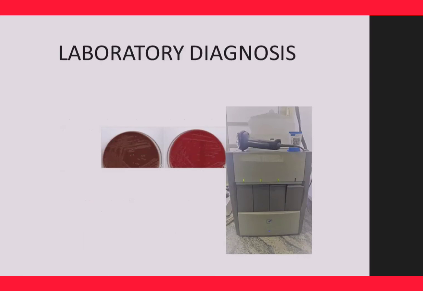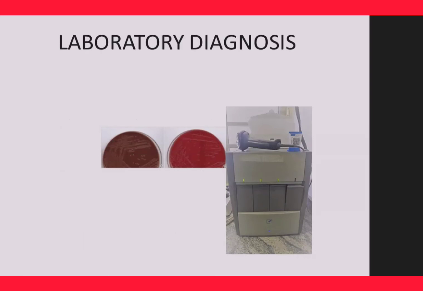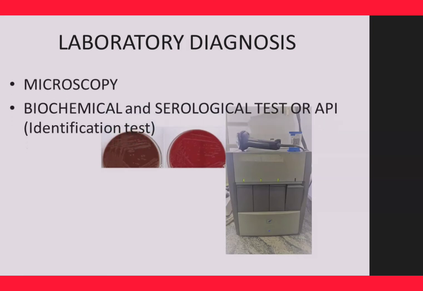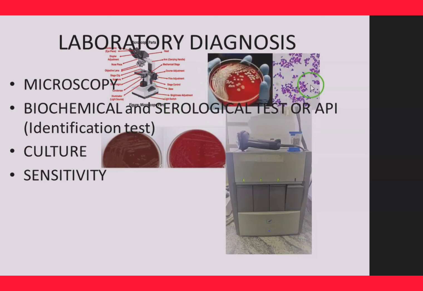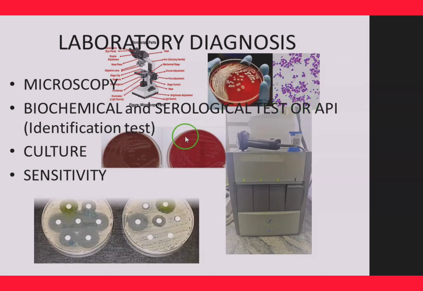Here we come into the laboratory diagnosis. You can see the microscopy, biochemical and serological tests to identify what you have cultured, and then the sensitivity to know the antibiogram. The picture of the microscope to do microscopy. We also have the gram staining, which will show you gram stained organisms. These are Staphylococcus aureus, and the plates.